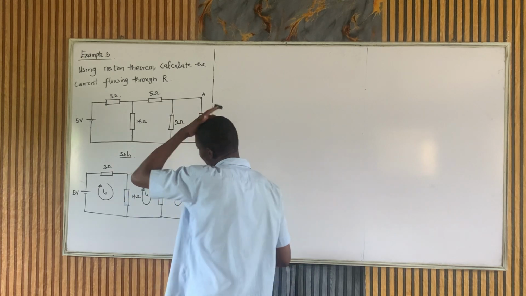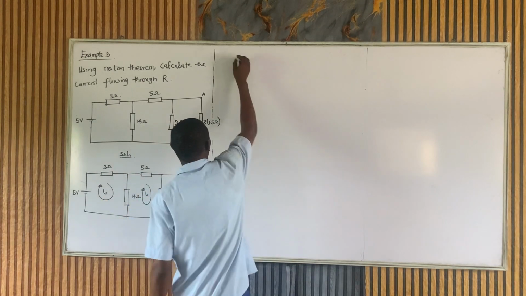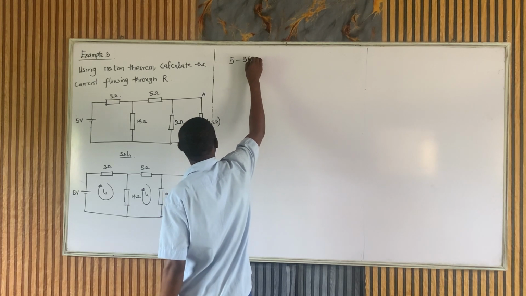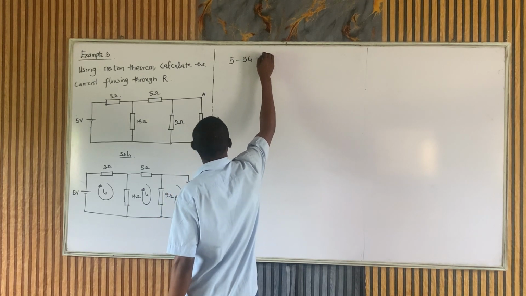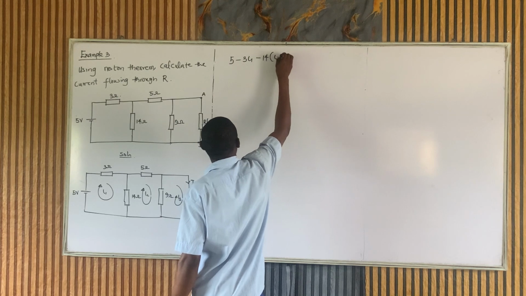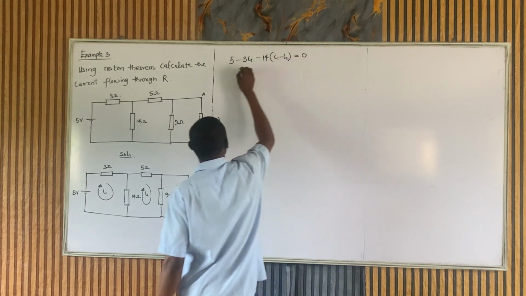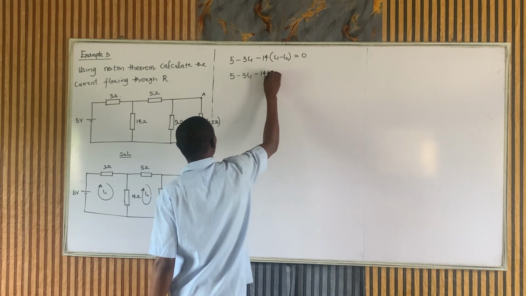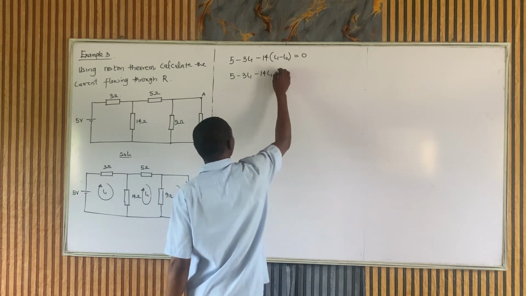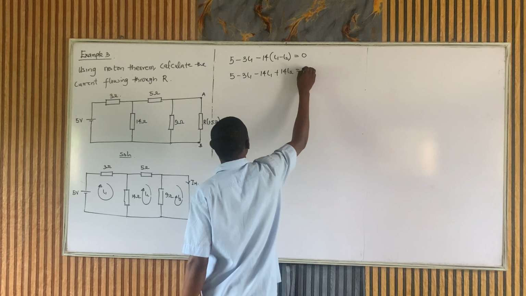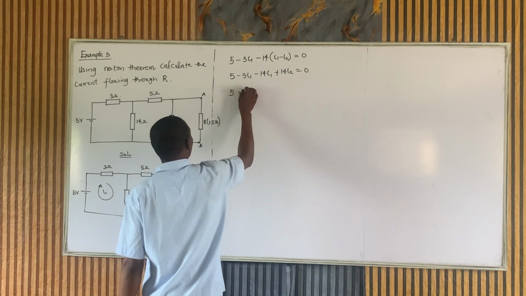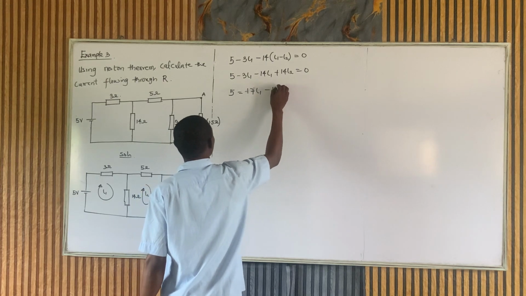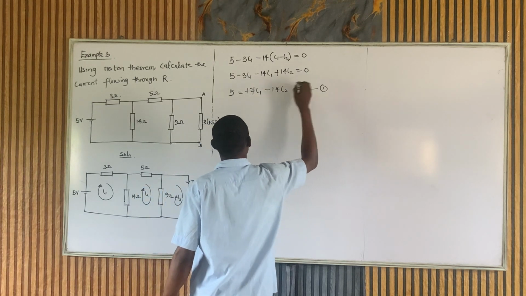Okay. So as a mesh now, this will be 5 minus 3I1 minus 14 into I1 minus I2 equals 0. This will give me 5 minus 3I1 minus 14I1 plus 14I2 equals 0. This will be 5 equal to 17I1 minus 14I2. Equation 1.